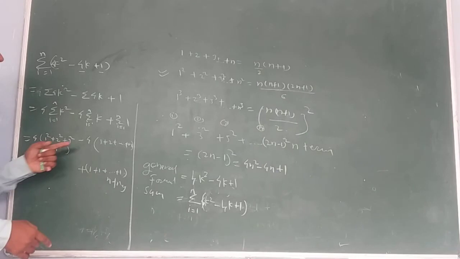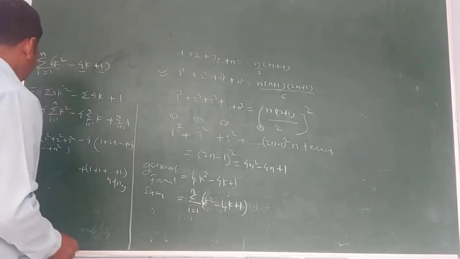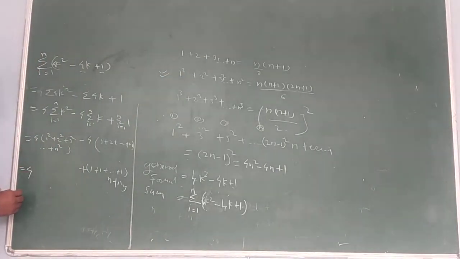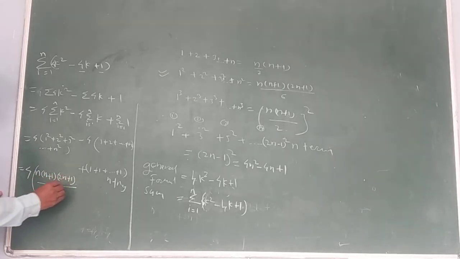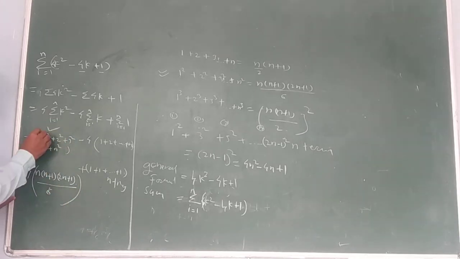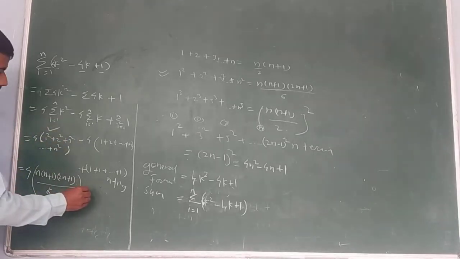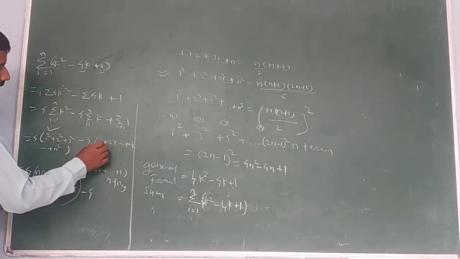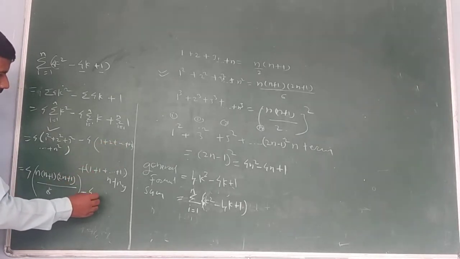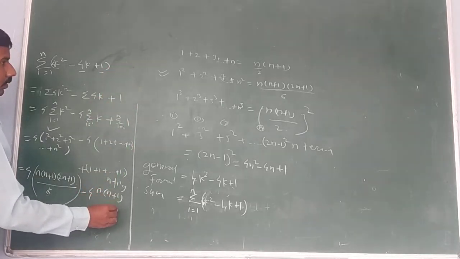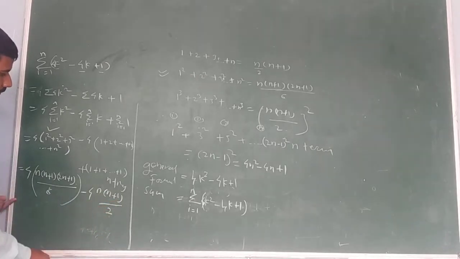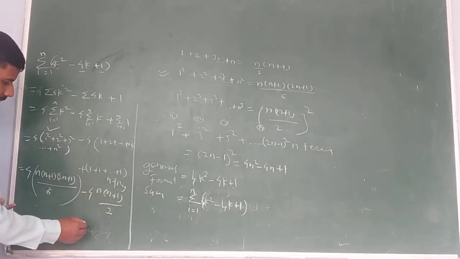So this fits the second formula. 4 is constant and remains as it is. The formula is n into n plus 1 into 2n plus 1 divided by 6 for the summation of this part. Minus 4 into the summation of n terms starting from 1, for n natural numbers, which by the first formula is n into n plus 1 divided by 2, and the summation of 1, n times, is n.